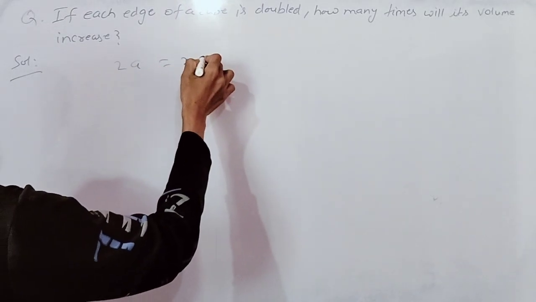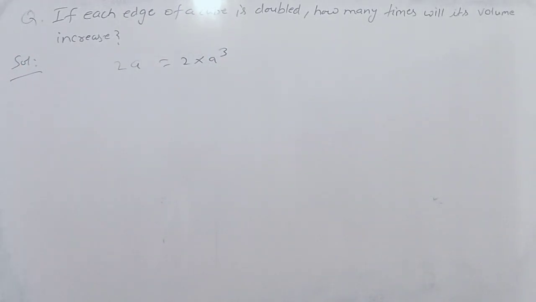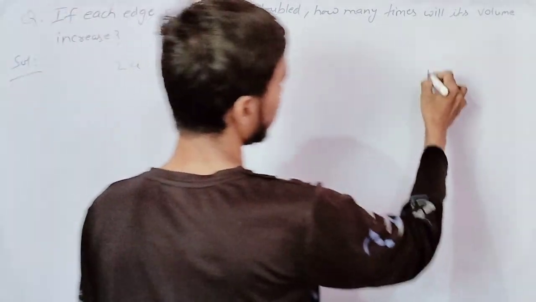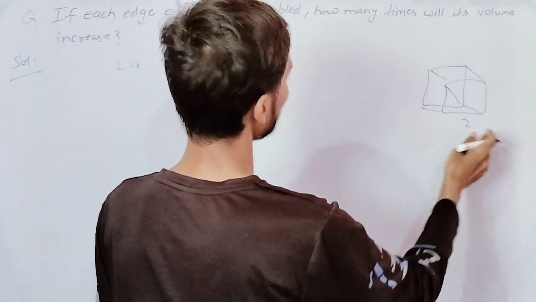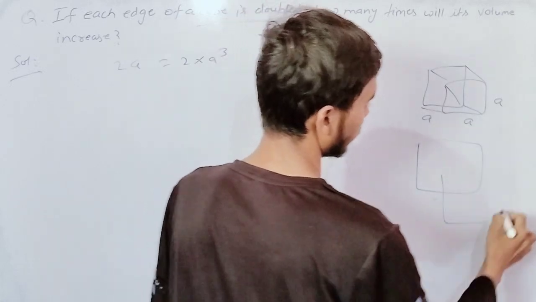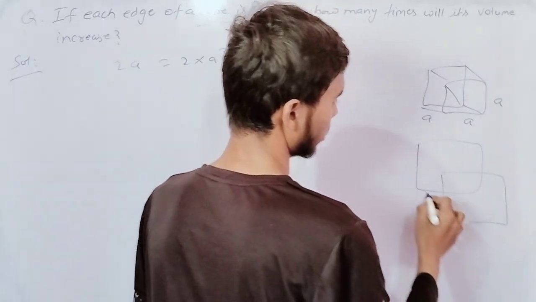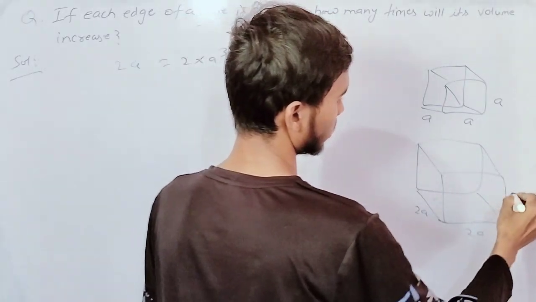So the volume is a cube, and when it doubles, then what happens? This is a and this is a, and this will become 2a and 2a.